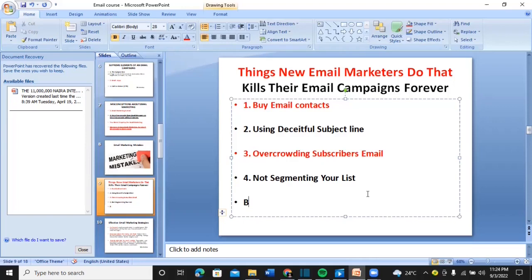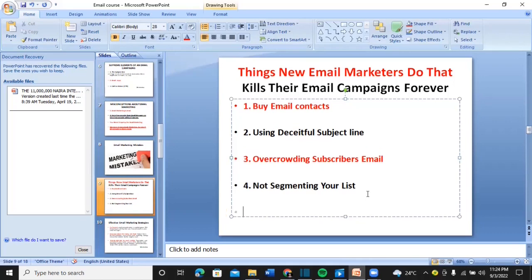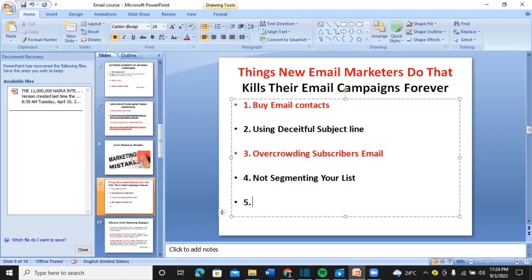The whole truth is, buying an email list is the worst thing you can ever do to yourself, because buying email contacts gives you a totally bad reputation, and people will never buy from you because it is a disrespect for their privacy. And of course, it can also land you in jail.